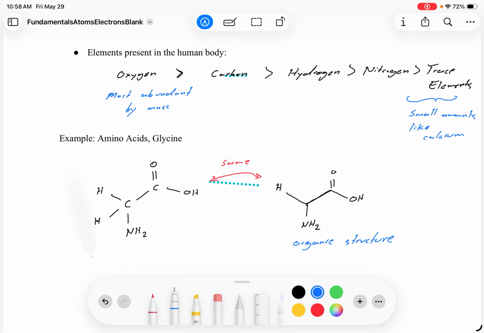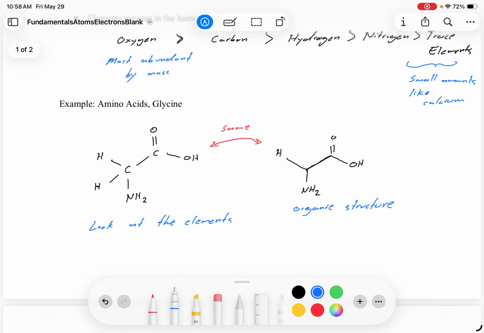And I want you to look at the elements here. So yeah, like I said, they are the same, just written differently. And amino acids are the building blocks of proteins, right? Much like elements are the building blocks of molecules, which make up matter.